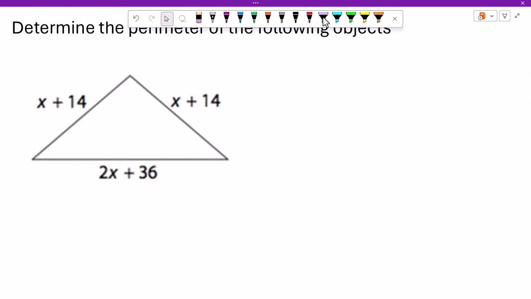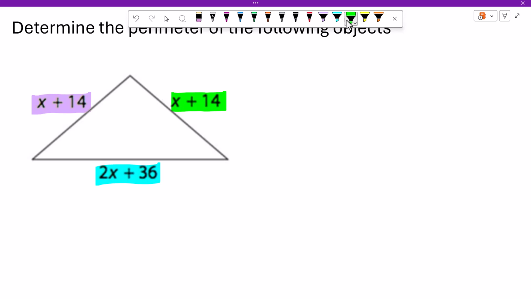So if you want to find the perimeter of this triangle, we need to add 3 sides. We need to add this side, this side, and this side. Now we need to start remembering the stuff we did in January for adding polynomials. There were 2 different ways.